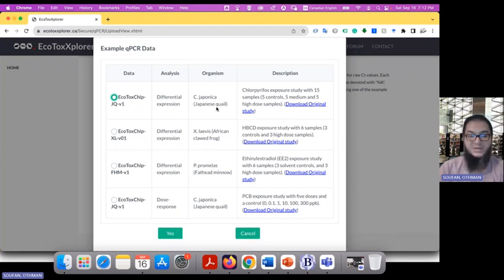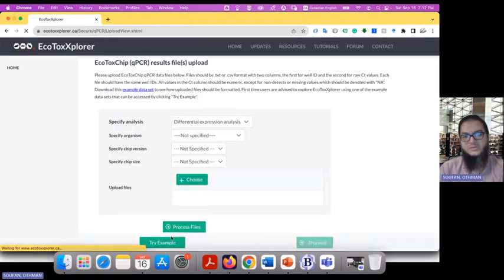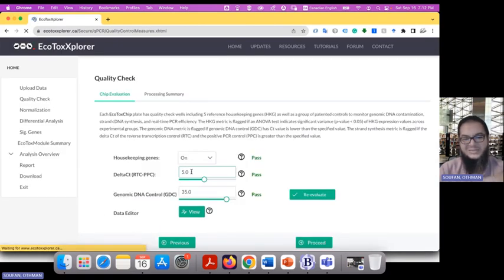We have specific species with different number of samples, 5 control samples, medium and high dose, meaning the chlorpyrifos exposure study for the EcoTox chip, Japanese quail in this case. So anyway, I would recommend you go and play with this website. This hopefully now brings some flavor of bioinformatics analysis.